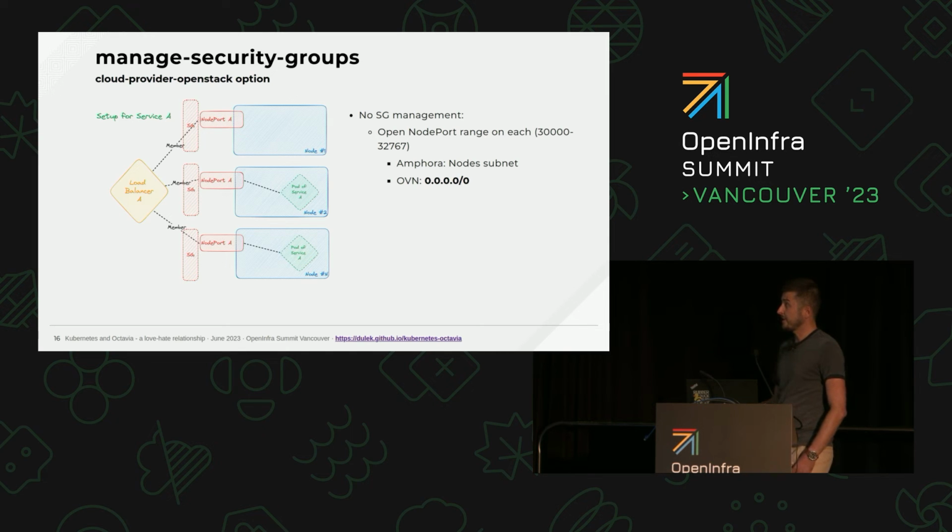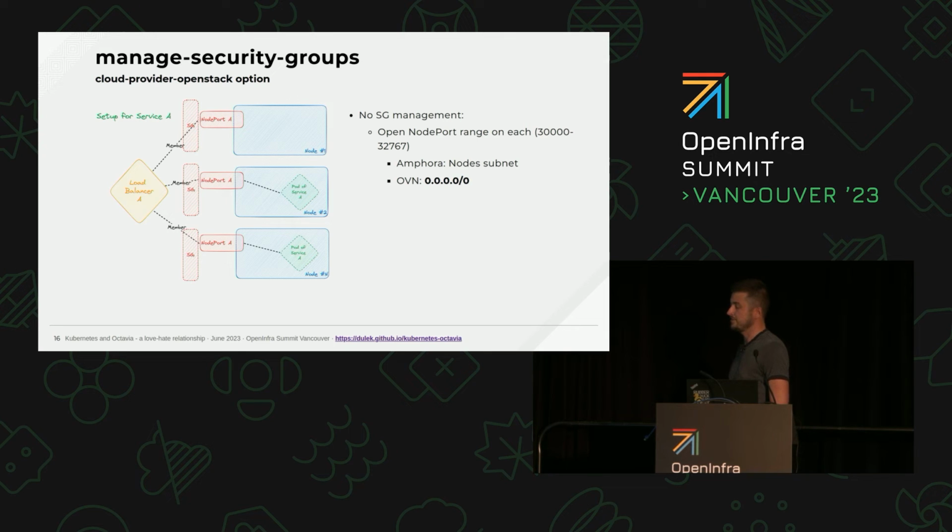And in case of Amphora, as it is SNATing the traffic, you only need to open it on the nodes' subnet because the load balancers are running on the nodes' subnet, the same subnet as the Kubernetes nodes. But for OVN, as the source IP is preserved, you need to open it for the whole world, or if you expect the client IPs to be from some range, you can restrict to that. But that's a bit scary, right?